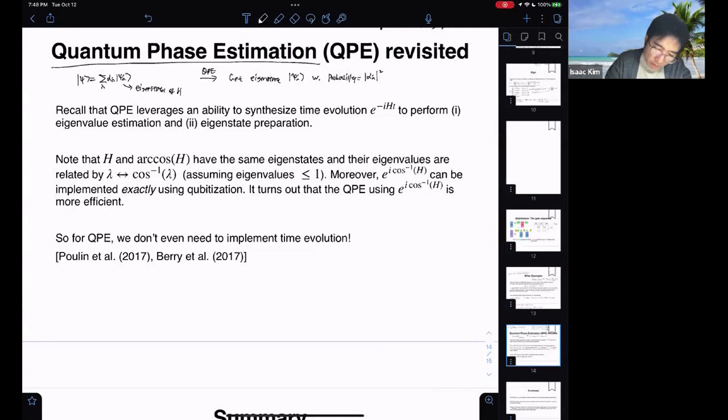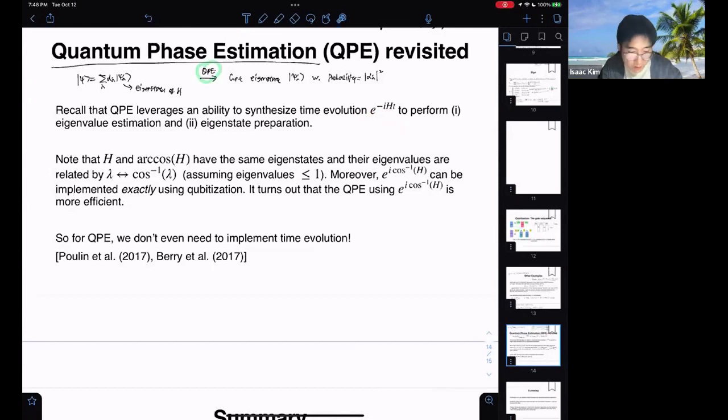And the ingredient that goes into quantum phase estimation is the time evolution. If you can implement this time evolution operator, you can leverage this to perform quantum phase estimation.